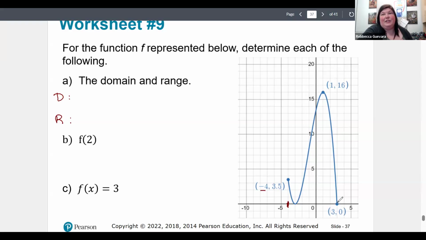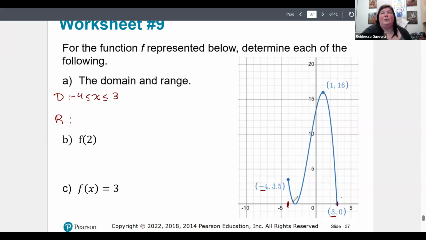And my largest x value is going to be this 3. But we see that we hit everything in here. We have an x value all through here. There's no breaks. So my domain would be x is between, and those points are closed points. So we would include the -4 and the 3.